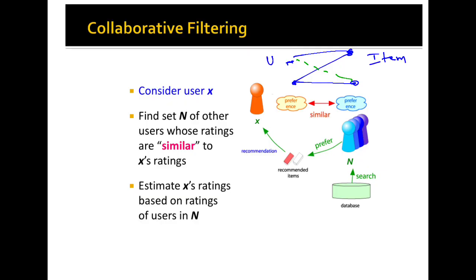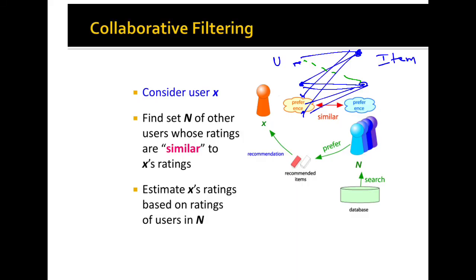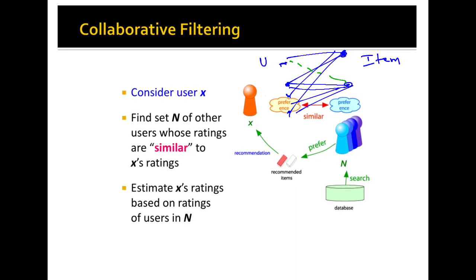Or if there are multiple users who prefer this item, but they also prefer that item, then this could be a plausible recommendation. So you basically look at other users whose ratings are similar to the current user, and then see what other items they are rating highly, and then based on that you give the recommendation to the user. Okay.